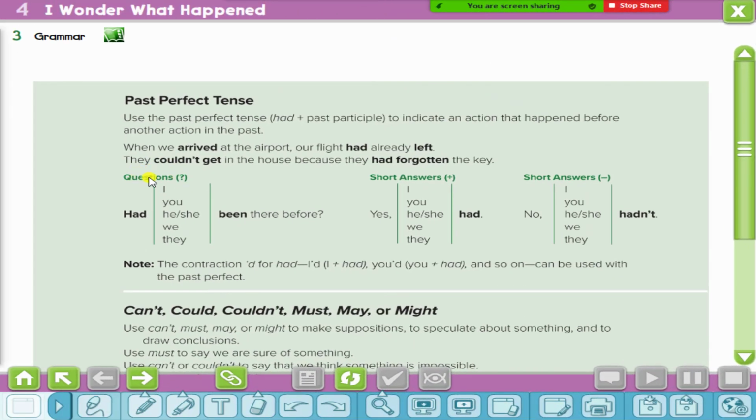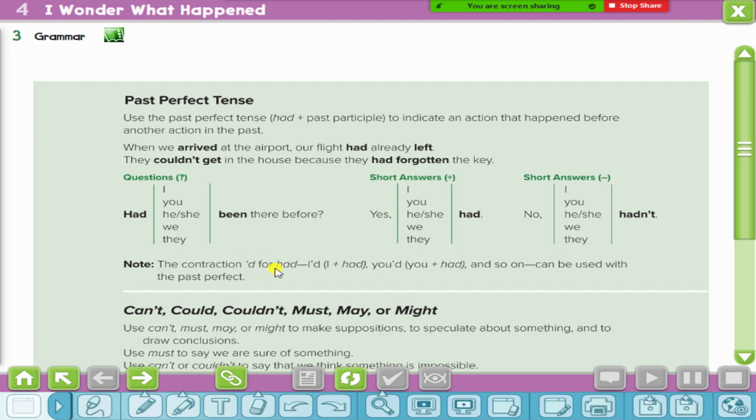In questions, we start with had. Had I been there? Had you been there? Had he or she been there? And in answers, we can use short answers. We use yes, I had, or yes, you had. Or in negative, we use no, I hadn't, no, you hadn't, and so on. Take care of this note: the contraction of had is apostrophe d.